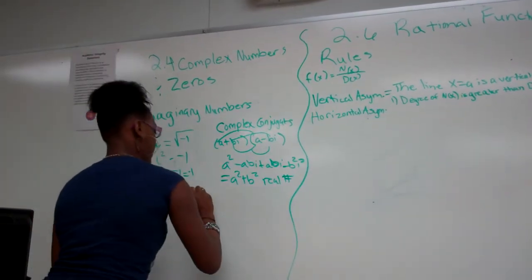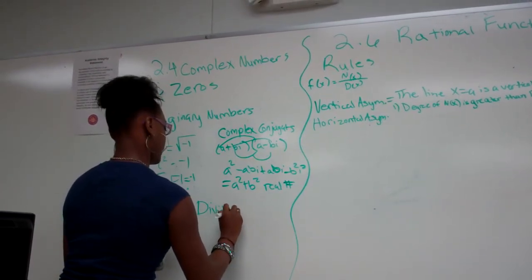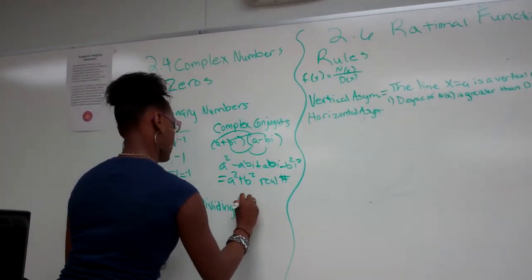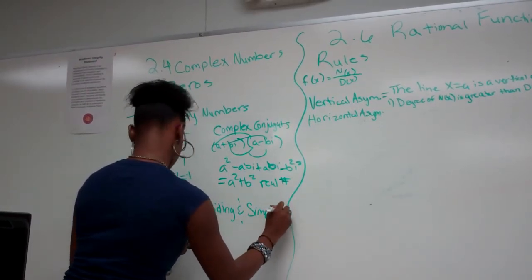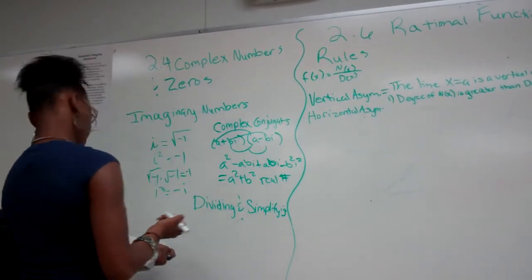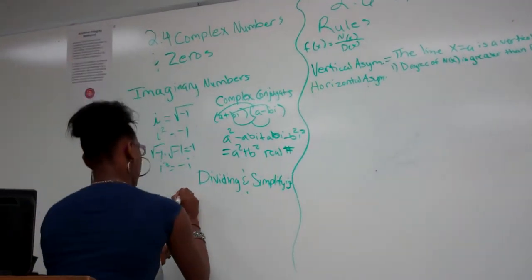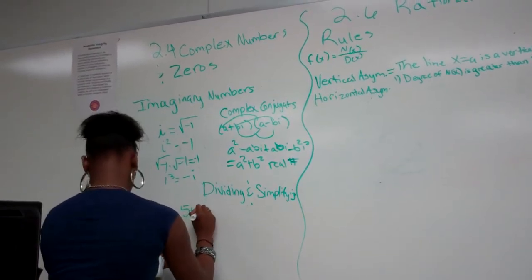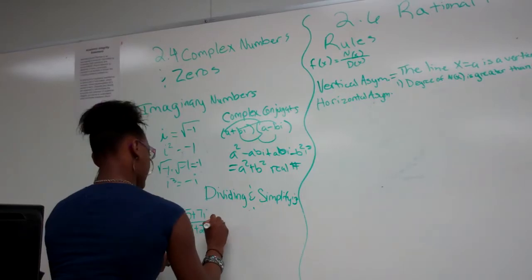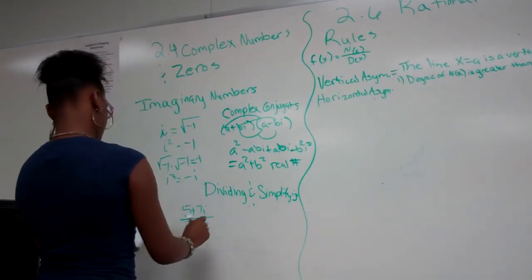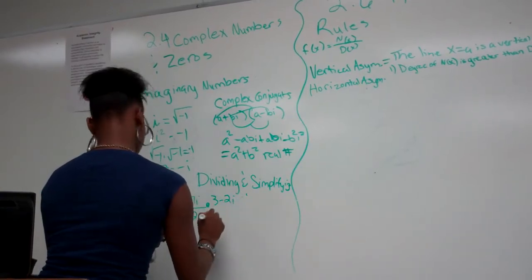And then we can do dividing and simplifying, which is getting rid of the i in the denominator. So an example would be 5 plus 7i over 3 plus 2i. To get rid of the i in the denominator, you will multiply it by 3 minus 2i.